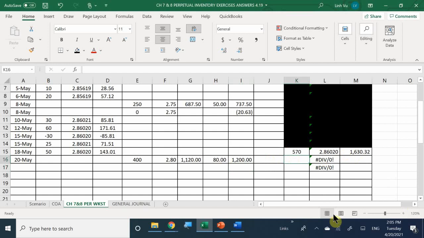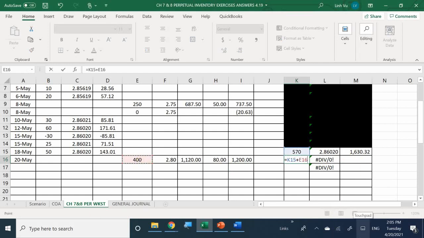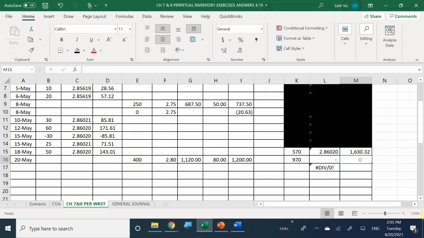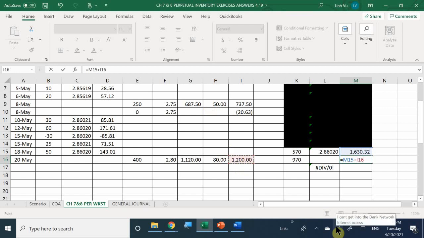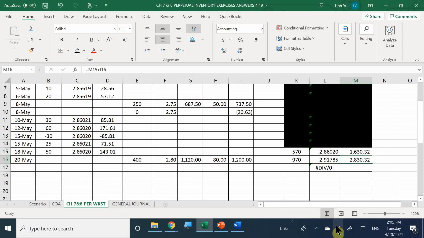So here, if I have 570 and I just purchased 400, what's my grand total in quantity? 970, right? Same thing here. If I have a balance of 1630.32 and I just purchased another 1200, what's my total cost here if I add those two numbers together? 2830 and 32 cents.